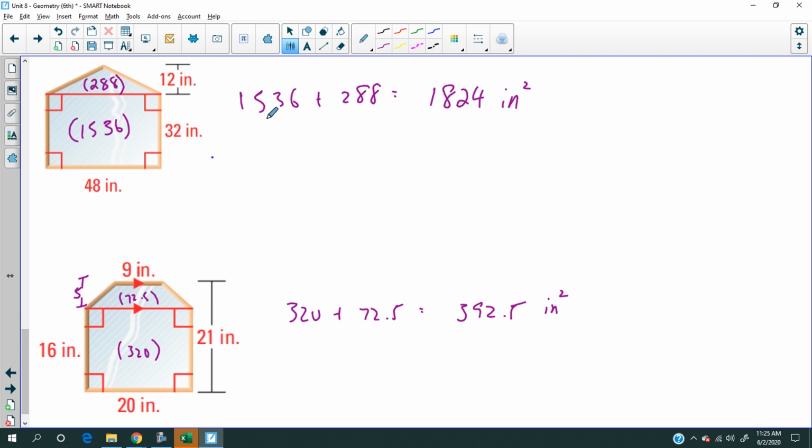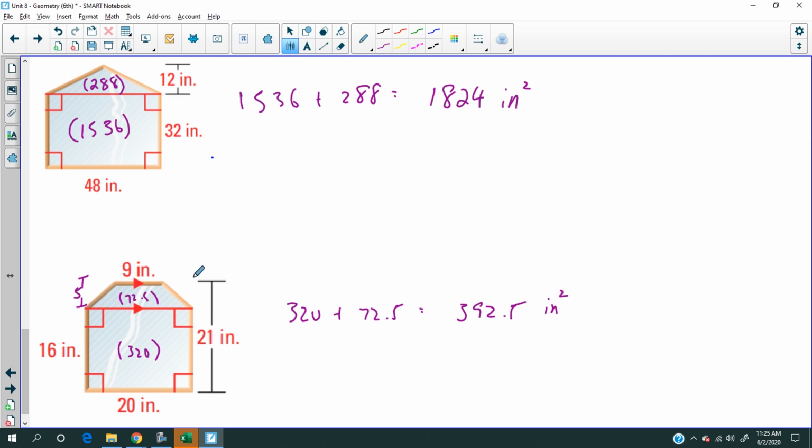Now we're putting all the shapes together, so you have to be very fluent in all the formulas, and you have to really think on the fly and come up with these different formulas.